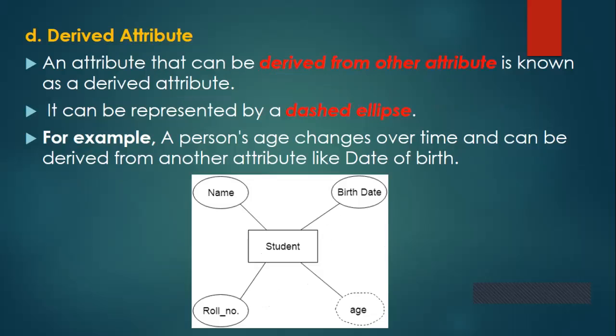If I have a birth date, from the birth date of the student I can get his age. Since I can get his age from his birth date, this age attribute is called a derived attribute, because we can derive the age of a student with the help of his birth date, and this age is represented in a dashed ellipse. Such an attribute is called a derived attribute because it is derived from another attribute. Age is derived from your date of birth. If the date of birth of a student is given, you can derive the age easily.